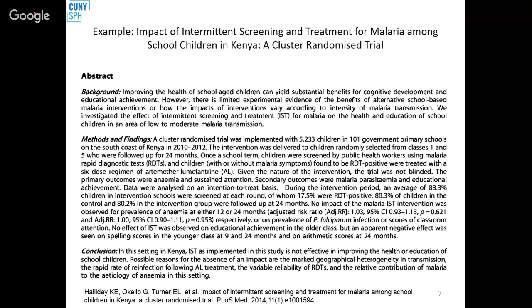It's a little bit hard to see here, but actually it's easier to see up there than down here. But you see point estimates of a proportion. You see risk ratios with confidence intervals and p-values. And you see results of a hypothesis test. No effect of IST was observed.